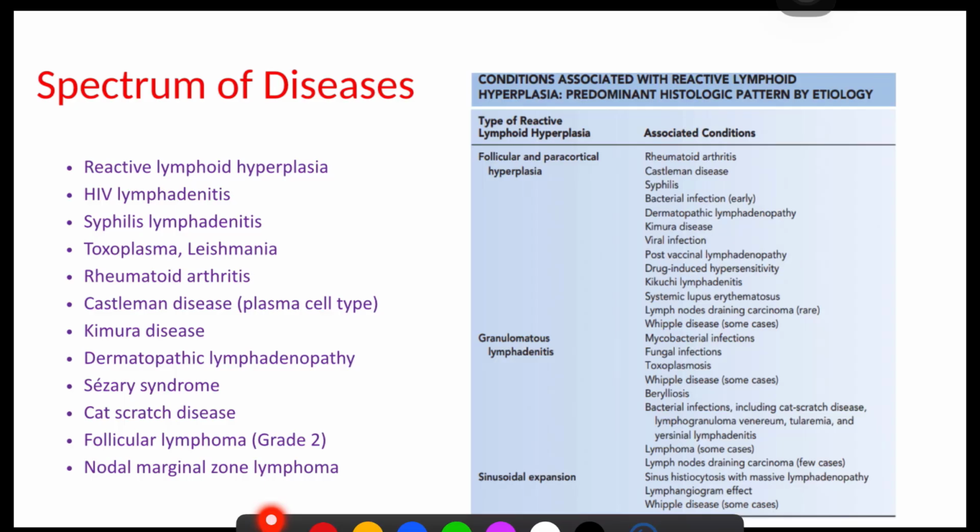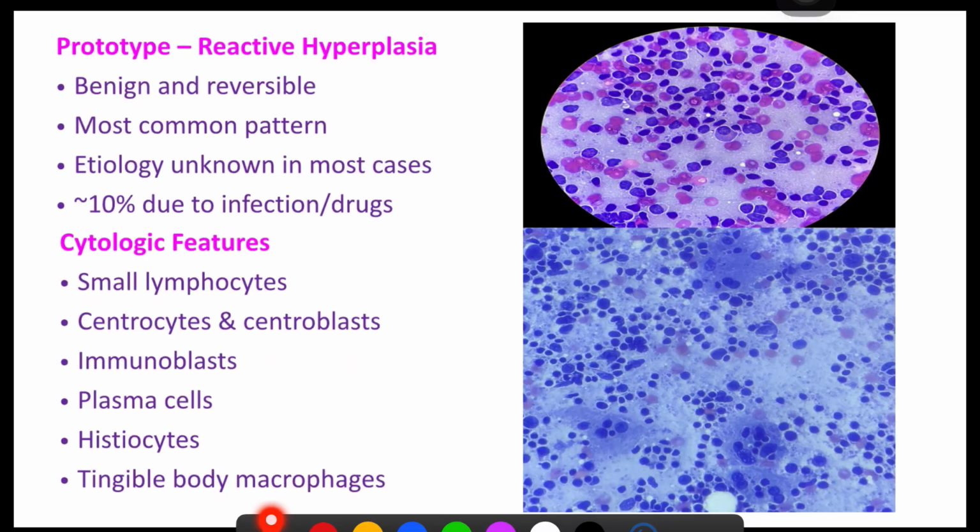So, these are the conditions we can divide histologically or morphologically, and cytologically it is mainly the polymorphous pattern.